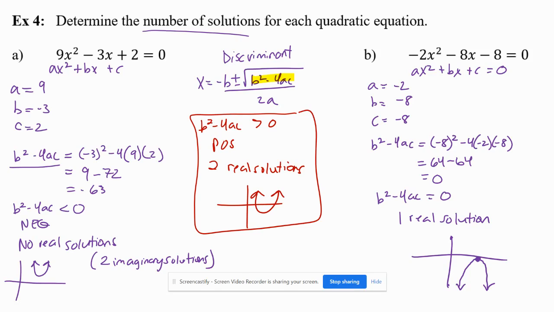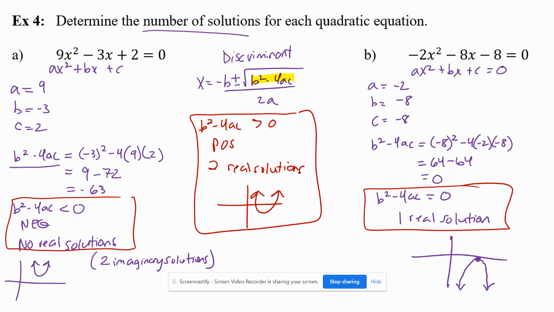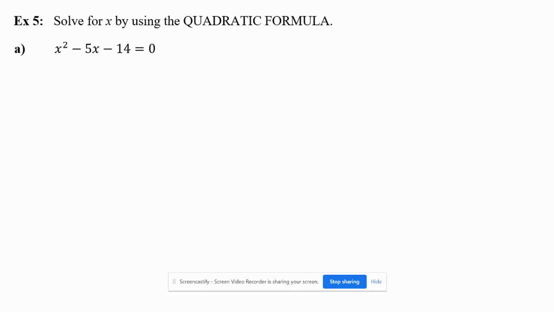Okay, so just to recap, if the discriminant is greater than 0, so if it's positive, that means there's two real solutions. If it's exactly 0, that means one real solution. And if it's less than 0, so if it's negative, that means it has no real solutions, which means it has two imaginary ones.